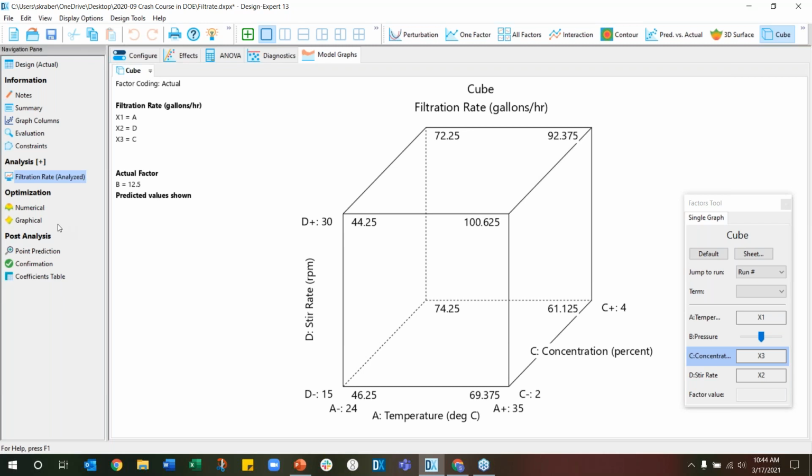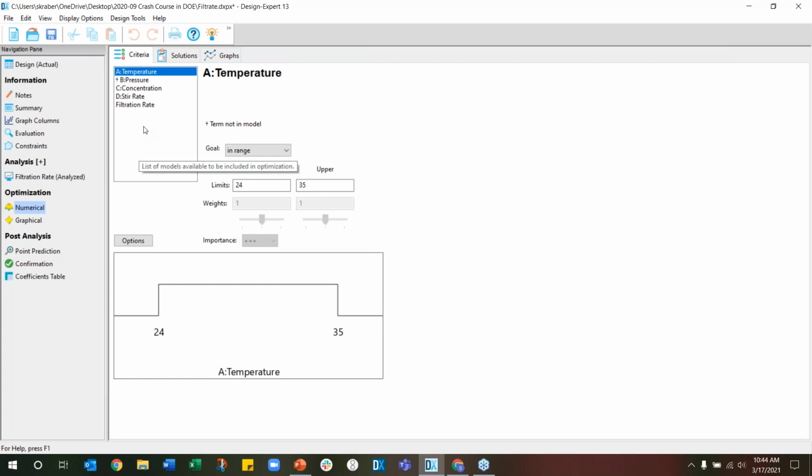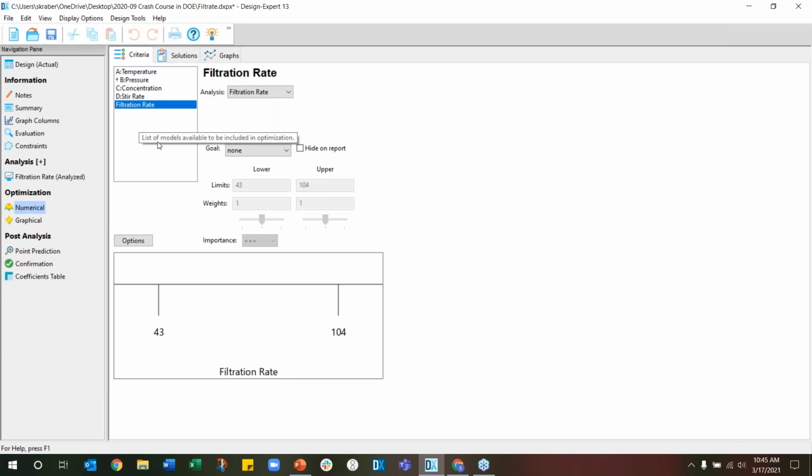Okay. Now, there are other ways. There are optimization techniques that we can also use to find our optimum. I would always recommend looking at the graphs and learning as much as you can from the graphs. But under optimization, you can also set a goal for the filtration rate.